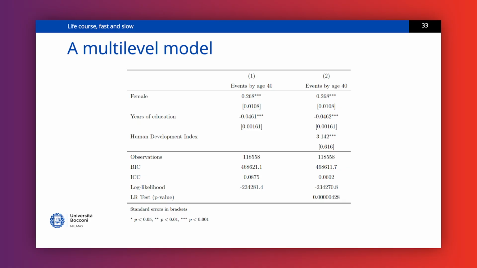But when you do the proper multi-level model and you insert the Human Development Index at the country-cohort level, there is a positive relationship. So for the interpretation, human development is rescaled from 0 to 1. It will be 3 events if you move from 0 to 100.